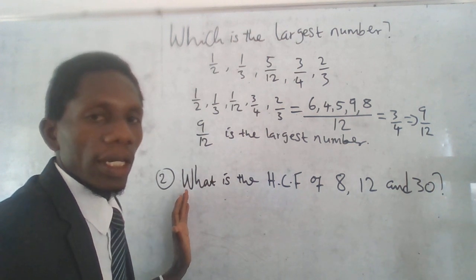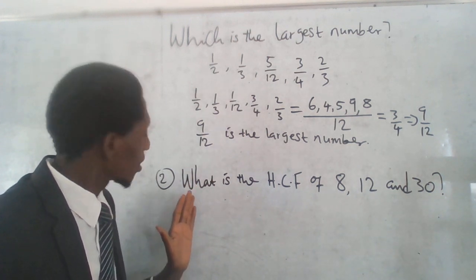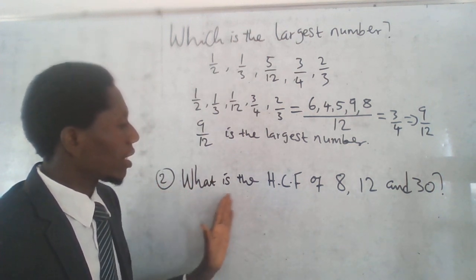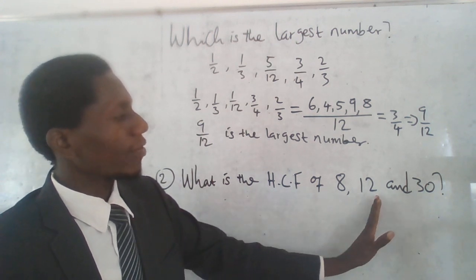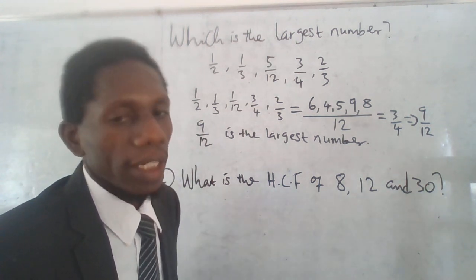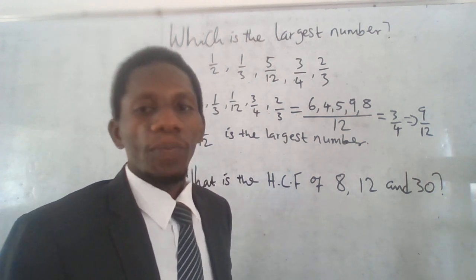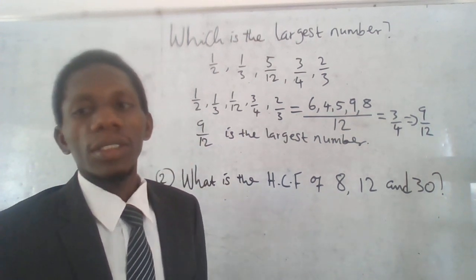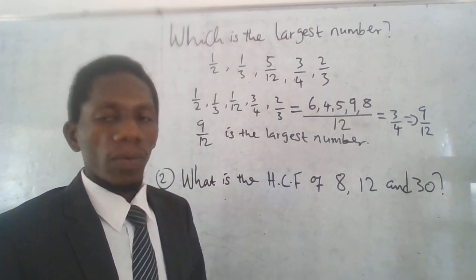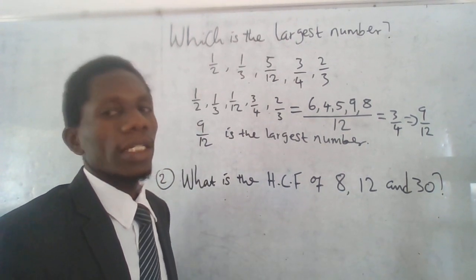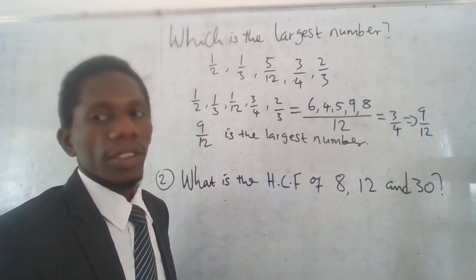Now there is another question here that says we should find the HCF of 8, 12, and 30. Of course, it may look so simple for others, but there is someone who is still learning, so we are going to solve it.